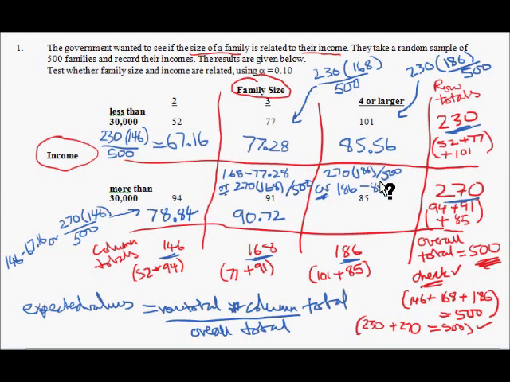That's the easy one. Or we could take 270, the row total, minus the other two values in the row, the 77.84 and the 90.72. Either way we do it, we should get 100.44. So there's our table filled out.